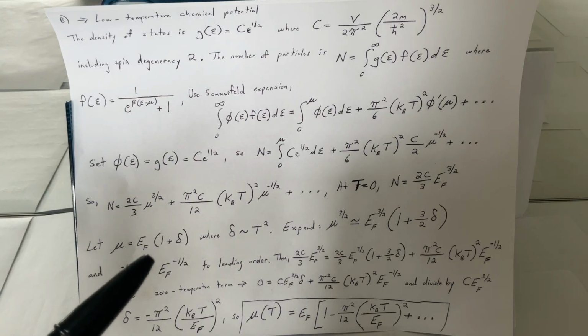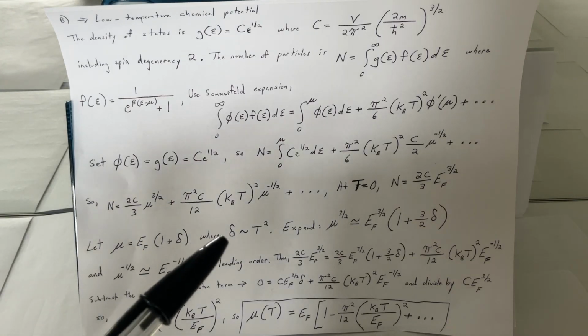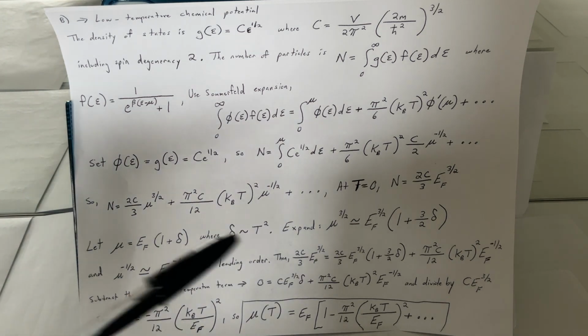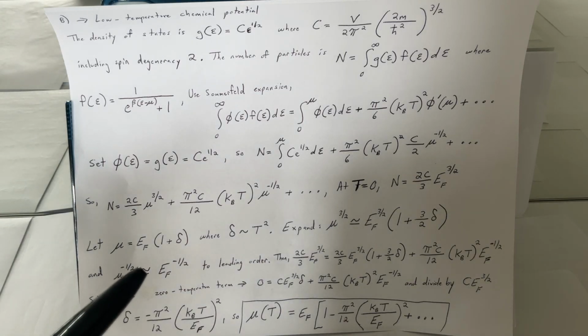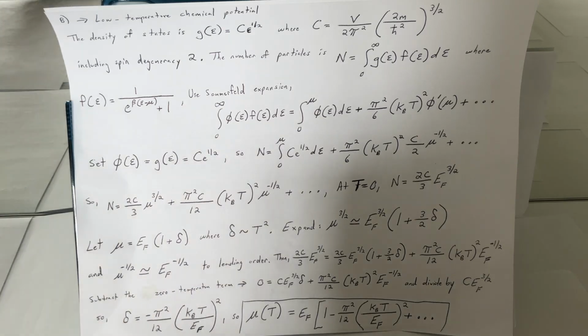Let mu equal E sub F times the quantity 1 plus delta, where delta is proportional to T squared. And expanding this, mu to the 3/2 is approximately E sub F to the 3/2 times 1 plus 3/2 delta. And mu to the negative 1/2 is approximately equal to E sub F to the negative 1/2 to leading order.